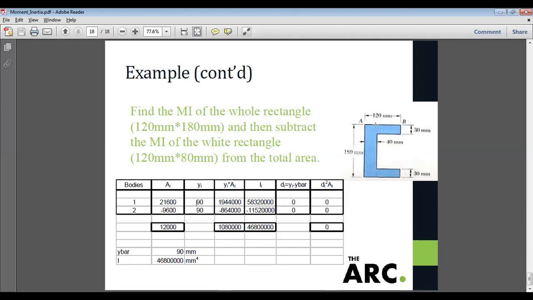Okay. Now we'll find the area of the body that has been deducted. This is 120; 120 minus 40 will give us 80 mm. So 80 mm is the depth of the leg after the column.